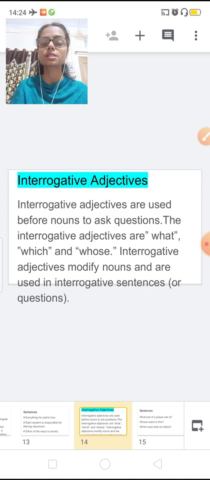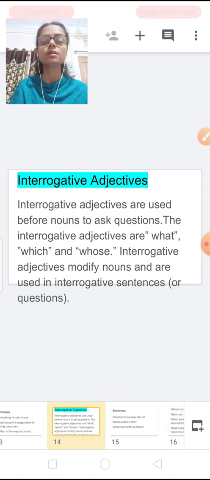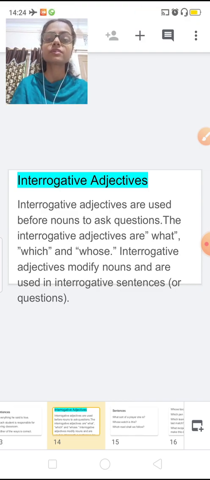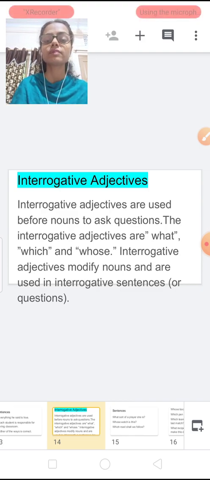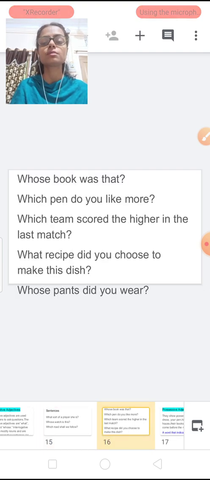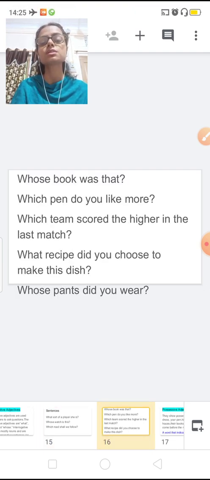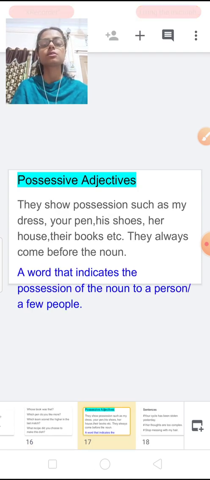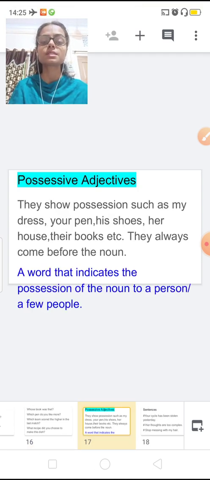Interrogative means asking a question. Most of the time the sentence starts with W, whose, what, which, and ends with a question mark. Second last, possessive.